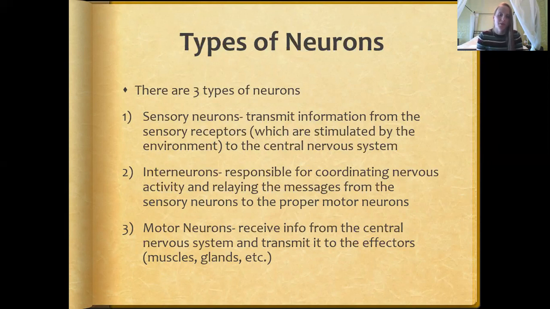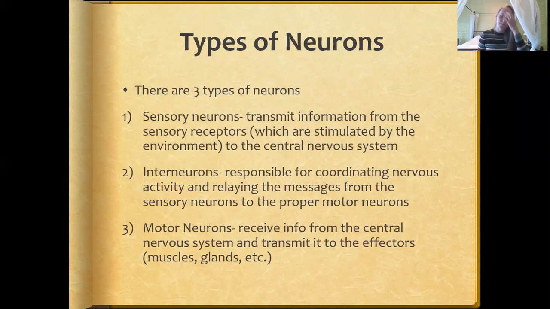And then the third type of neuron is the motor neuron, which receives information from the central nervous system and transmits it to the effectors. So motor neurons essentially control changes that are happening in the body. Motor neurons control muscles and glands, which are two examples of effectors, things that would actually cause the effect.